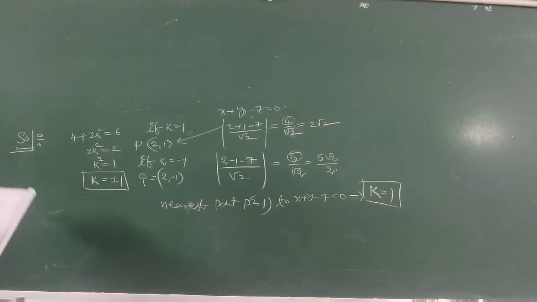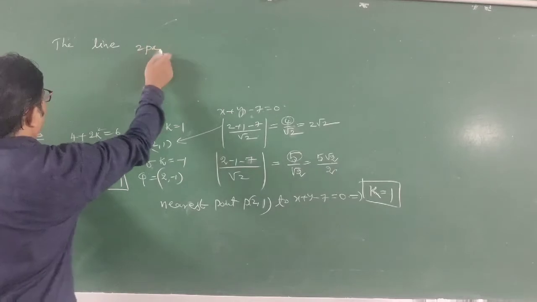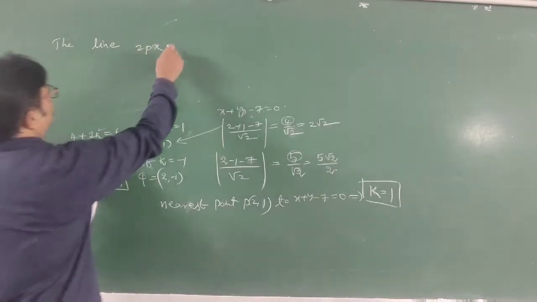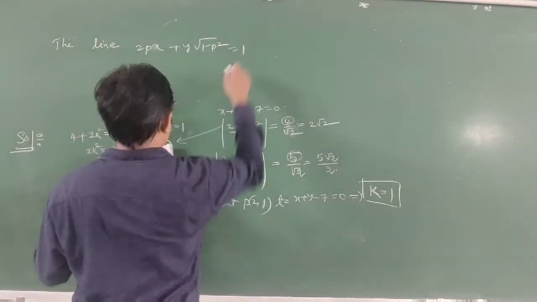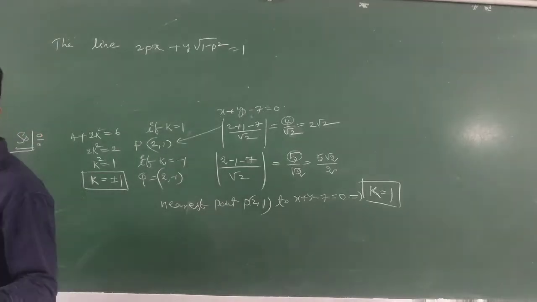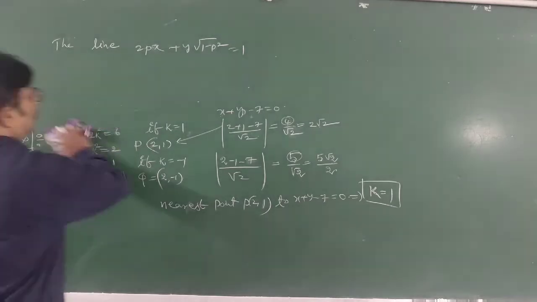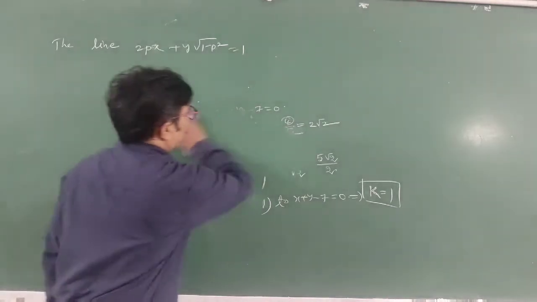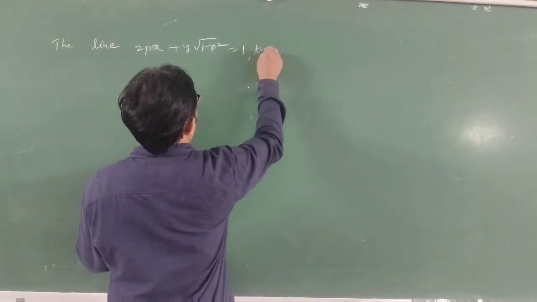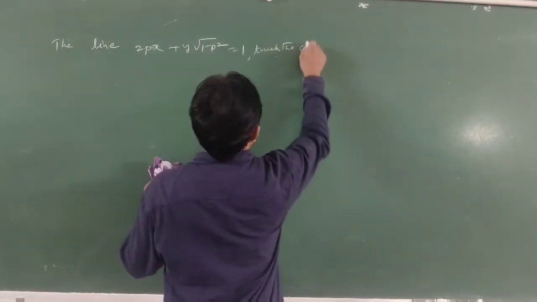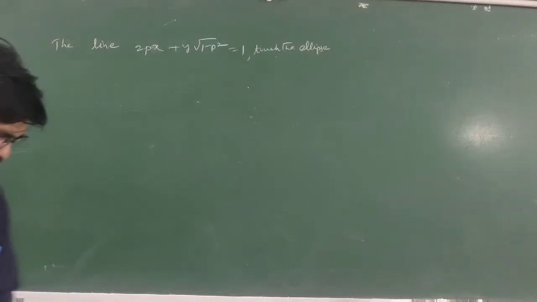Now students, write down the question. The line 2px plus y into root of 1 minus p square equal to 1 touches the ellipse x square by a square plus y square by b square equal to 1.